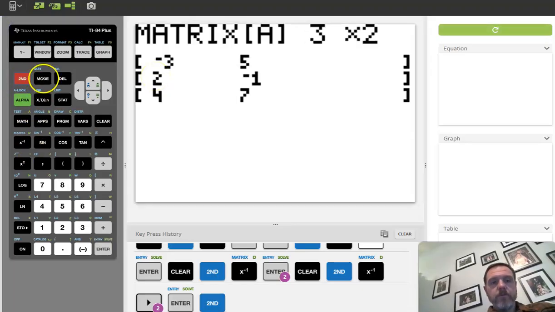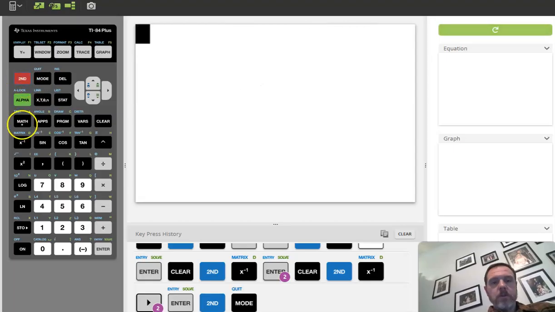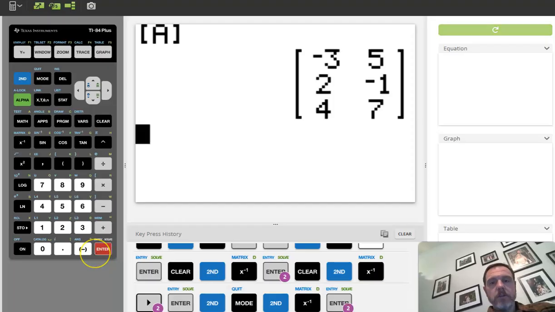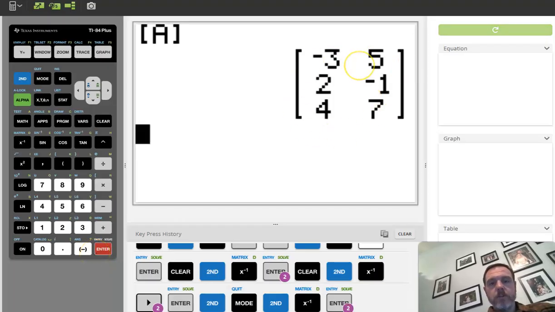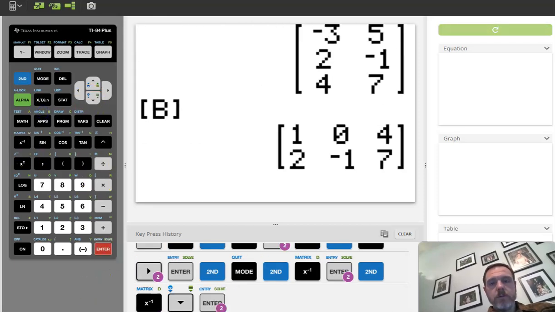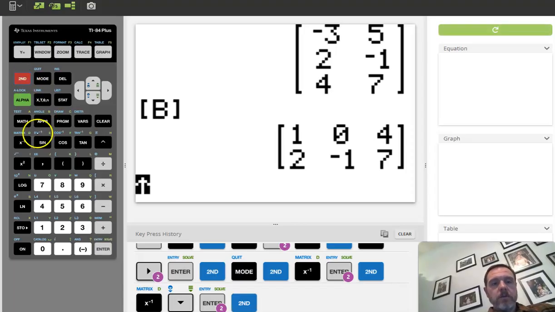Go back to matrix again. If I just pull up name A and hit enter, there's matrix A. Go back to matrix and look at matrix B. There's matrix B. Now, I want to multiply those.